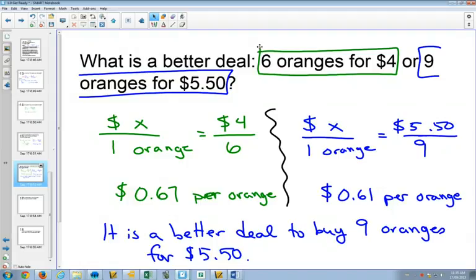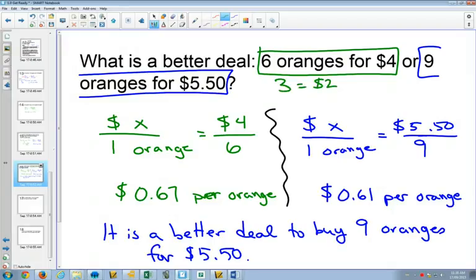In fact, in this case, if I had said, well, if 6 oranges cost $4, how much do 3 oranges cost? If 6 oranges cost $4, 3 oranges would cost $2. Does that make sense? If 6 oranges cost $4, then 3 oranges in the green would cost me $2.